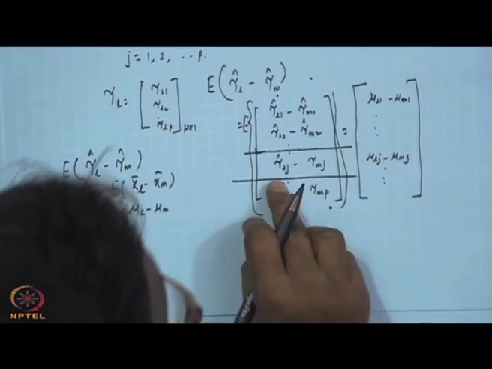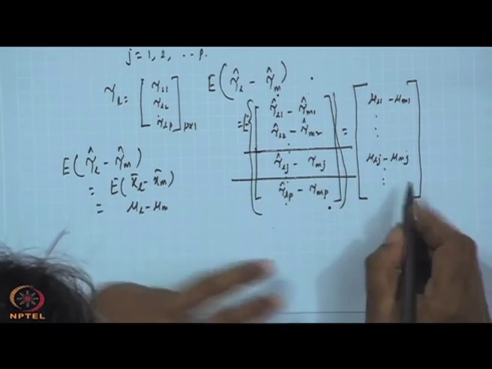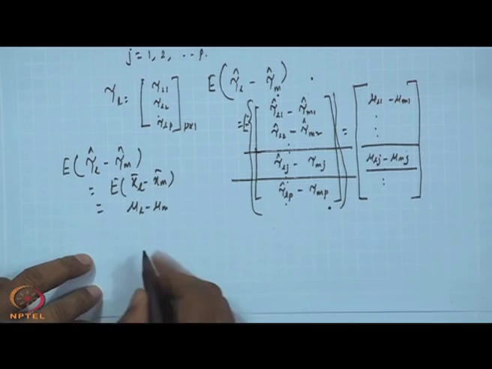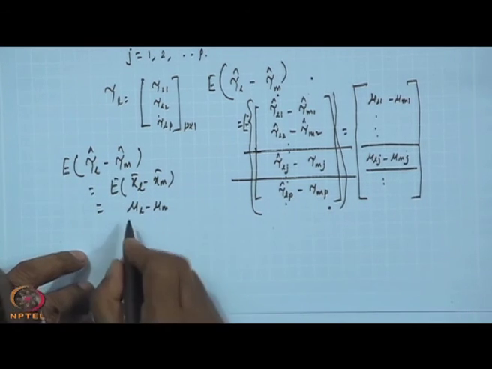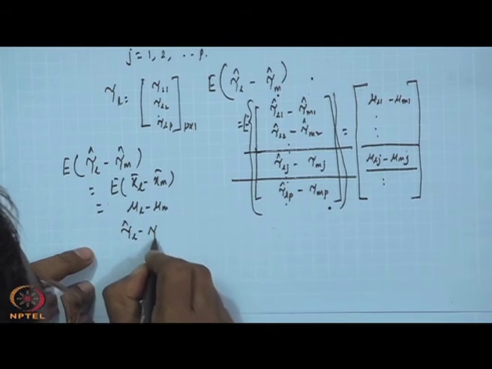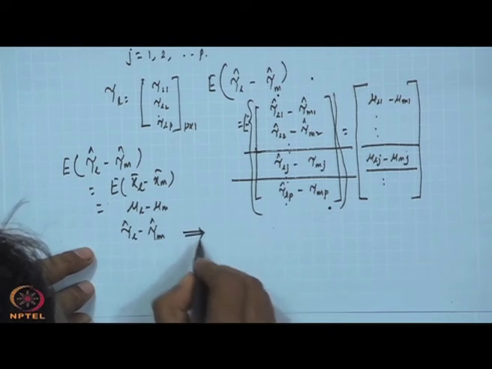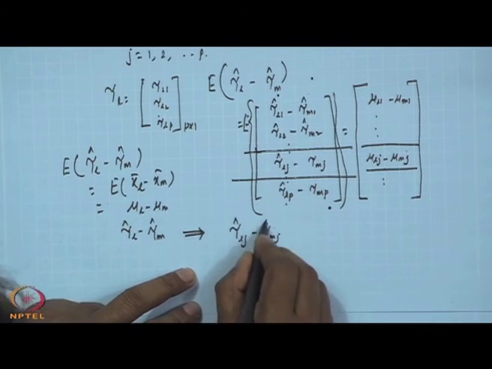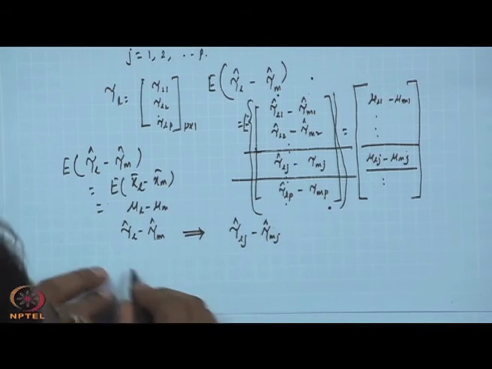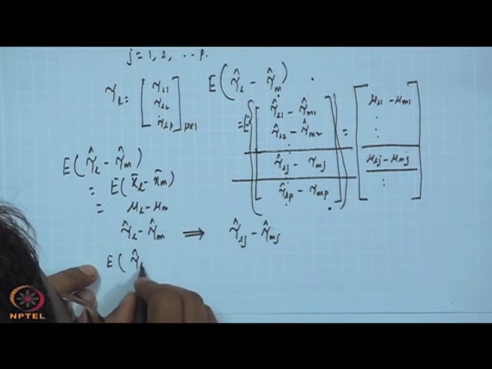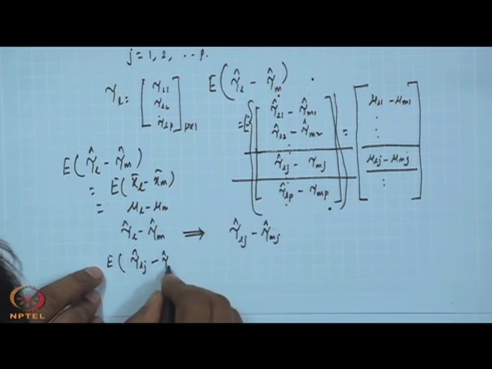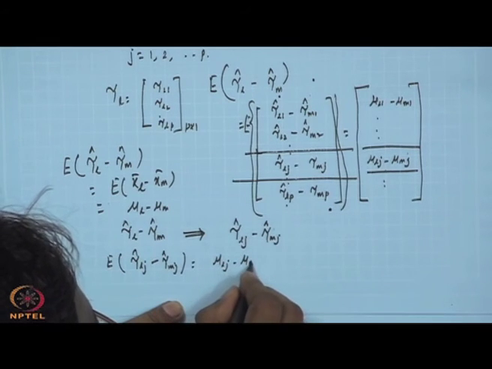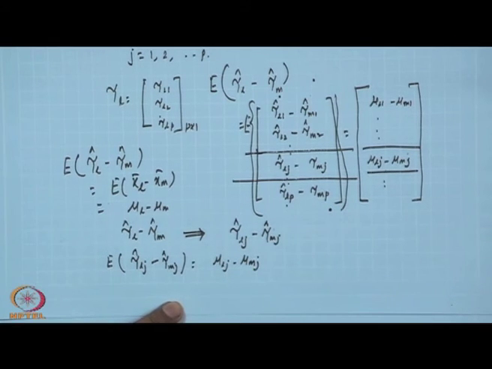For a particular variable, instead of tau L cap minus tau M cap, I am now interested in tau Lj minus tau Mj. Its expected value is mu Lj minus mu Mj, which is a scalar quantity.